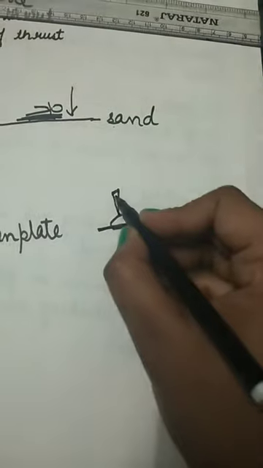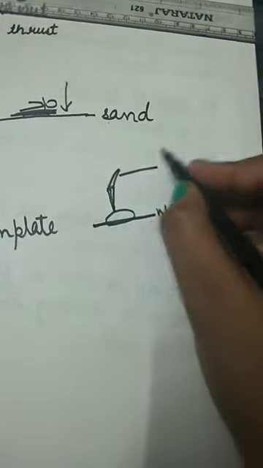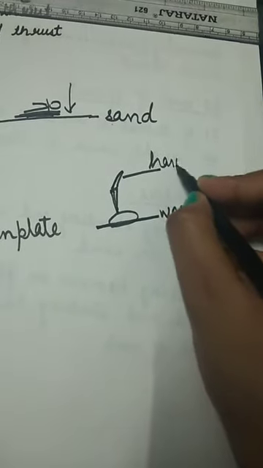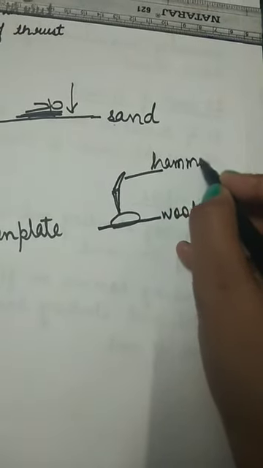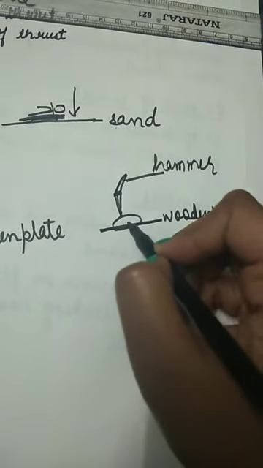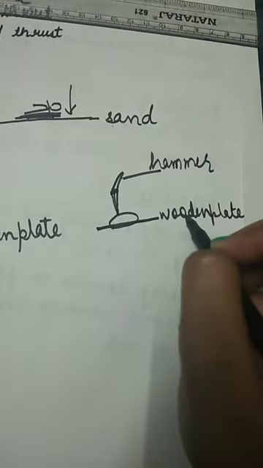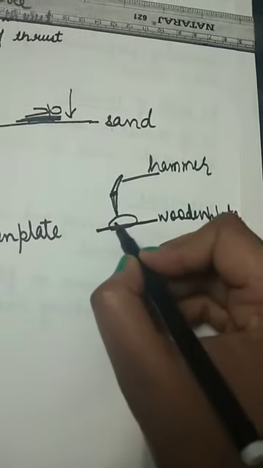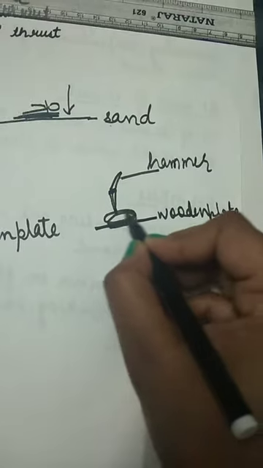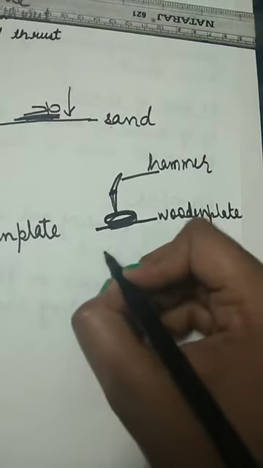Now if you strike it from here with your hammer, on this sharp end, your nail will not penetrate the wooden plate, because here the area is increased, so thrust will be less in this situation.